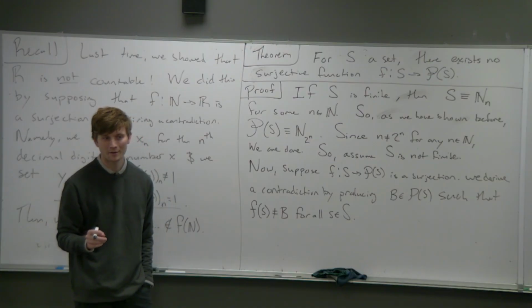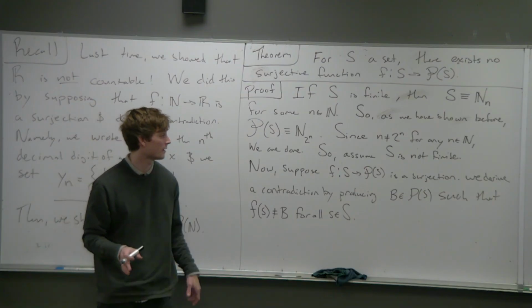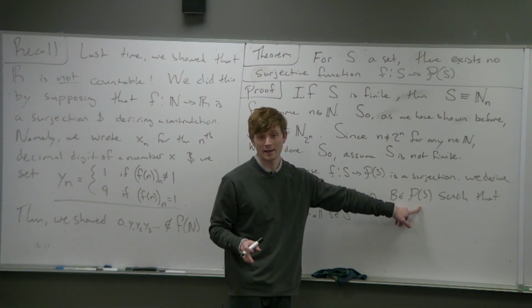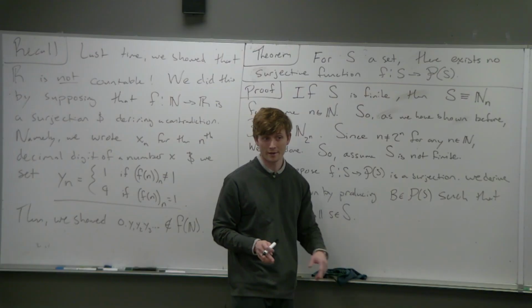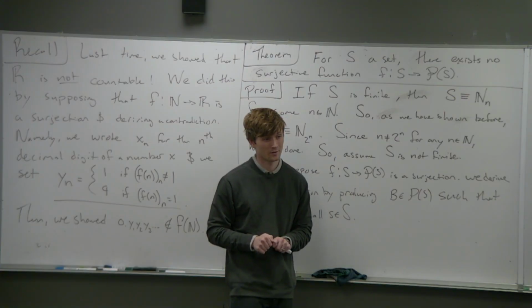Okay. How can we go about doing this? Does anyone have any ideas? How can we extend the trick from before? Think about what's in the power set. If B is in the power set of S, then B is a subset of S, right? Yeah.